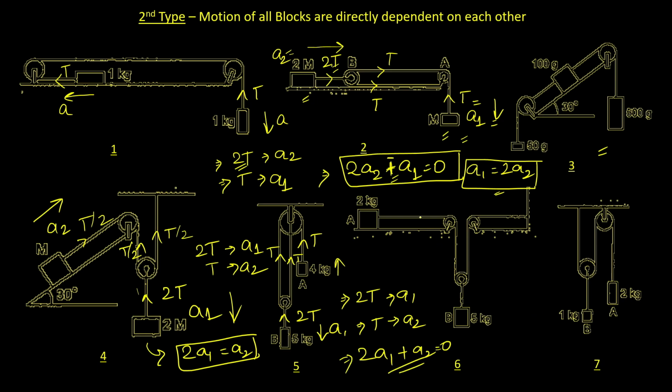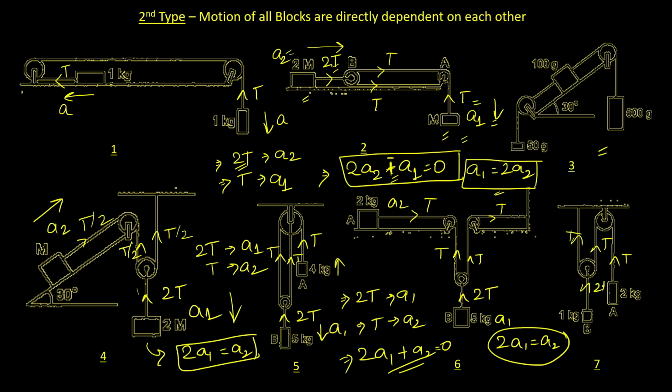Again for this, I'm assuming this is T, here also T, then this will be 2T, and I'm letting this is A1 and this is A2, then same, 2A1 is equal to A2. And similarly for this, T and 2T. Similarly this is A1 and this is A2, so again 2A1 is equal to A2, same.